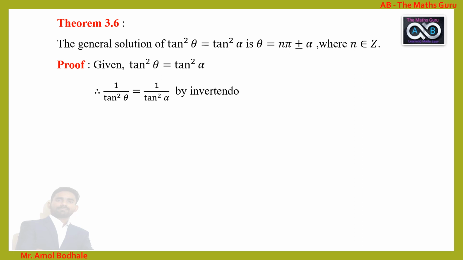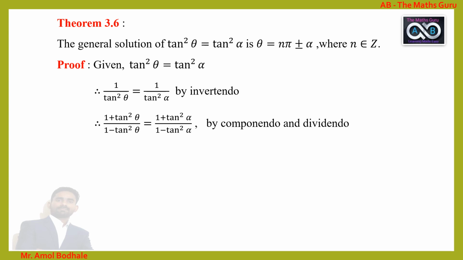If we take the reciprocal on both sides, that means if we use the properties of ratios, the invertendo, we can write it as 1 upon tan square theta equals 1 upon tan square alpha. Now if we use the property componendo and dividendo, that means we add the numerator and denominator at the numerator and take the difference of numerator and denominator at the denominator, we can write (1 plus tan square theta) upon (1 minus tan square theta).